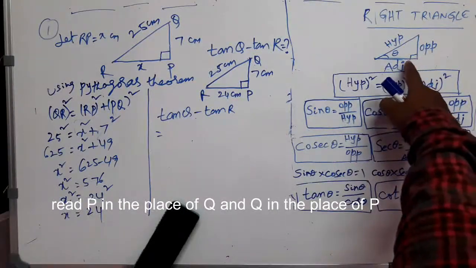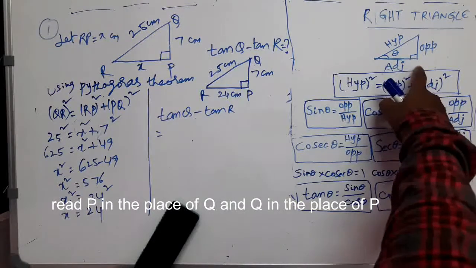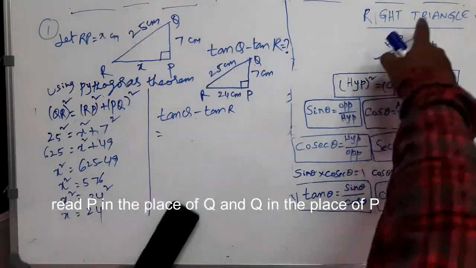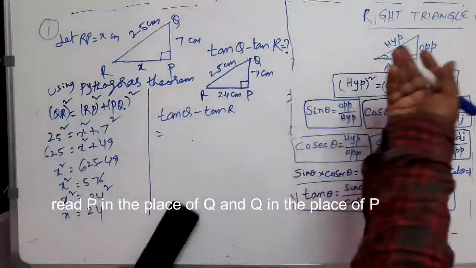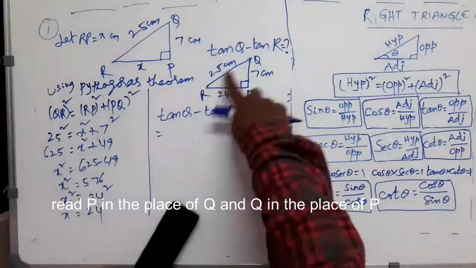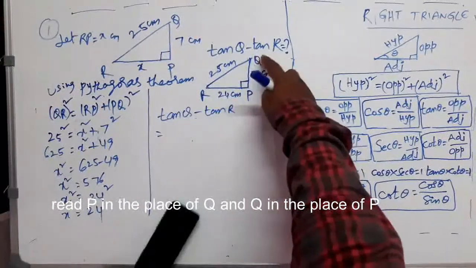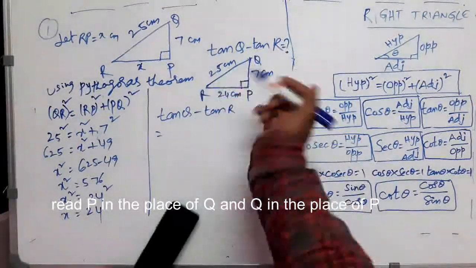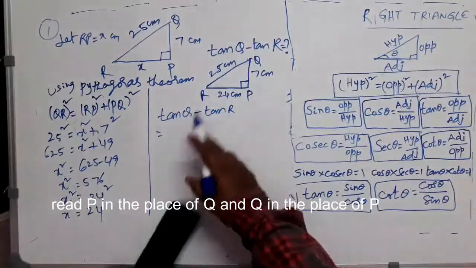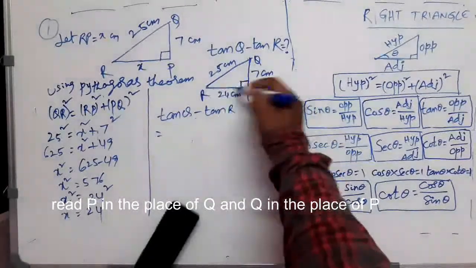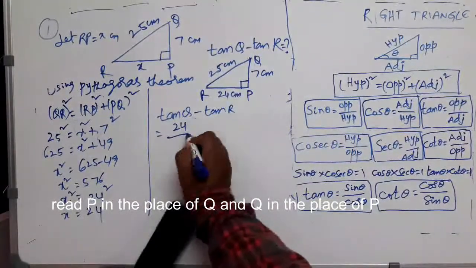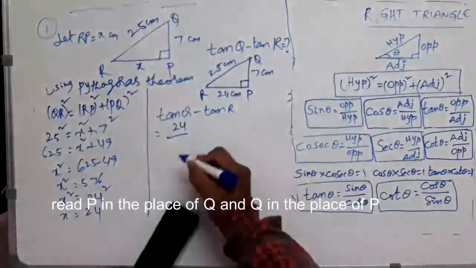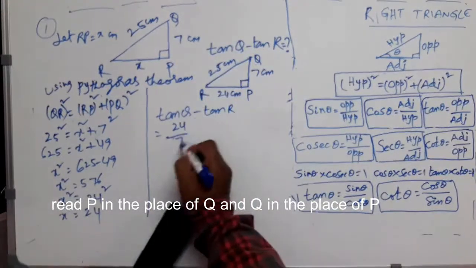The largest angle is 90 degrees, and the side opposite to the largest angle is the largest side, that is the hypotenuse in any right angle triangle. So this is the hypotenuse. For this angle Q, this is adjacent and this is opposite. Tan is opposite by adjacent. So this is opposite, that is 24 centimeters, divided by the adjacent side, 7 centimeters.